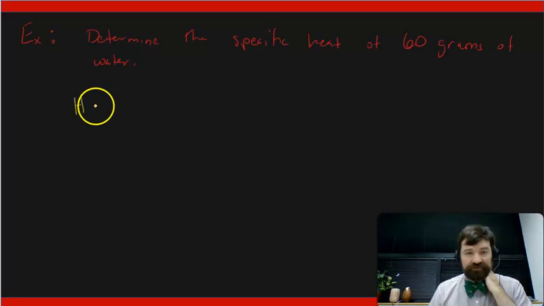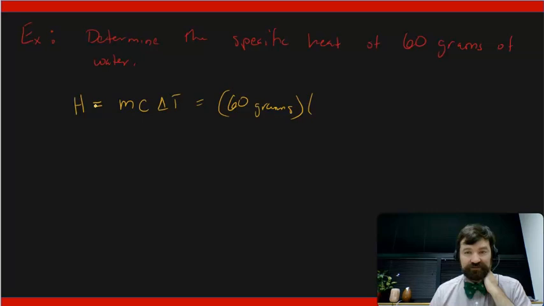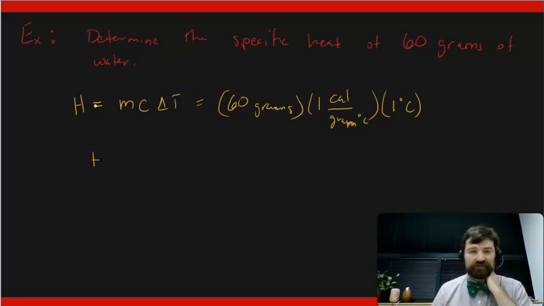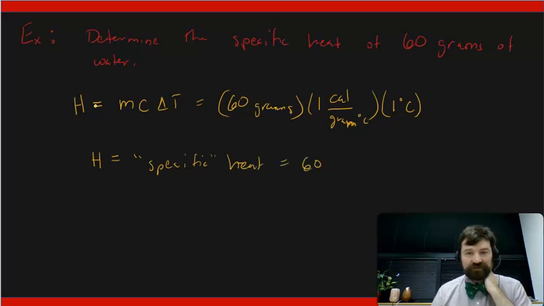So for that example, you'd say that heat is equal to mass times C times delta T. So that's 60 grams times the specific heat capacity, which is 1 calorie per gram degree C, times 1 degree C. And so our specific heat for this water is going to be 60 calories.